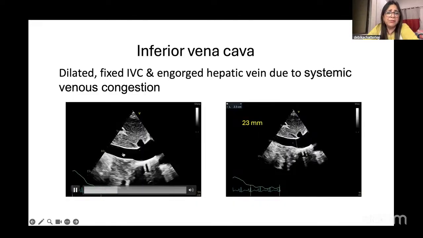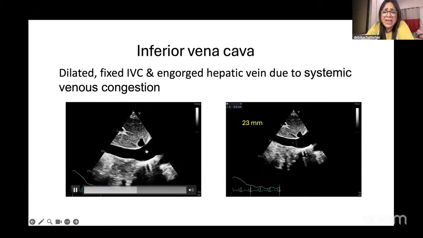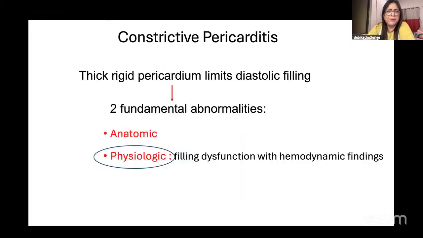And with sniffing, the size remains almost the same, you see. So it's a dilated and fixed IVC, which sometimes may be the first sign you pick up for constrictive pericarditis. So the subcostal view is very, very important to pick up the findings of pericardial pathology.